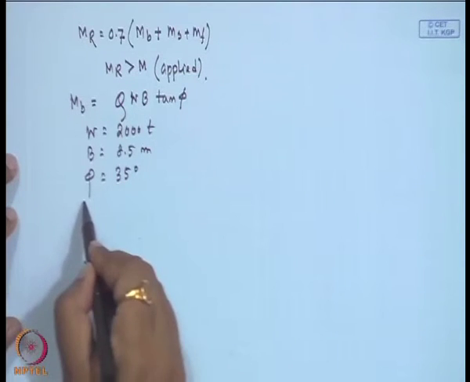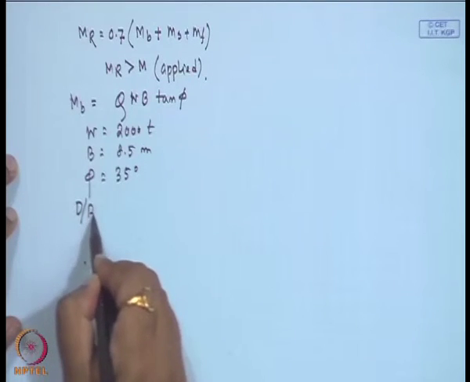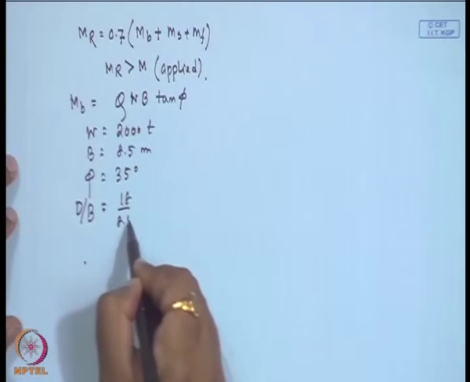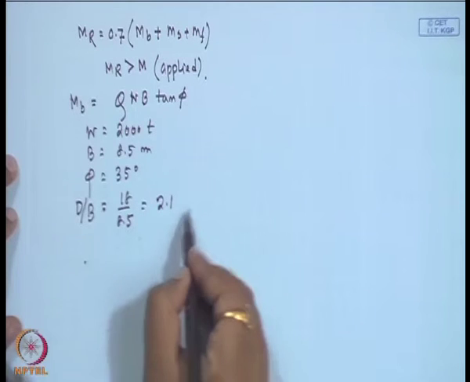Now, the Q value we have to calculate. For the Q value, D by B is 18 divided by 8.5, so that is 2.1.